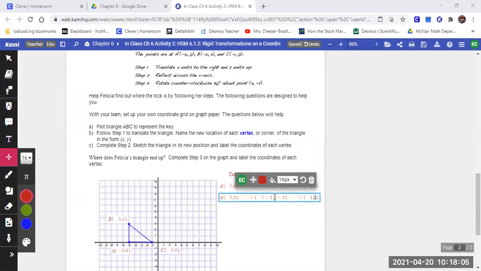Because I started at 3 this time. See, it's a -5, 3 at the start. 3 plus 3 does not make 3 still. So what are we going to have? -1, comma what? 3 plus 3, what do we get?